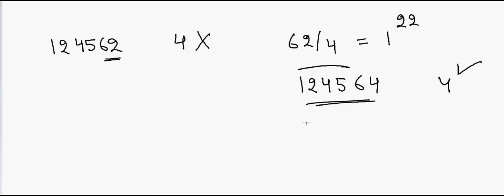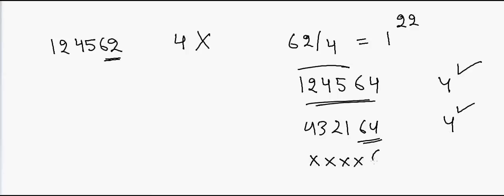I can write 4 3 2 1 6 4, and again it is divisible by 4, or I can write anything x x x x and 64, and this number should also be divisible by 4. So I have to look at the last two digits to check if the number is divisible by 4 or not. In this case it is not.